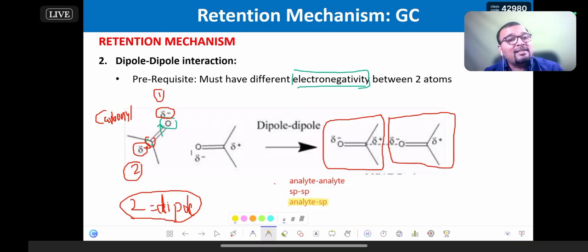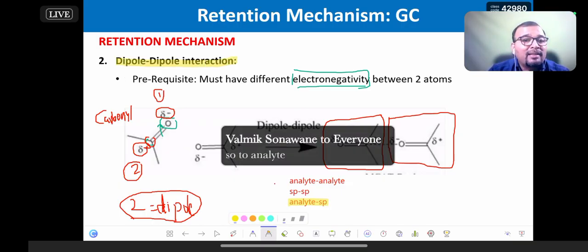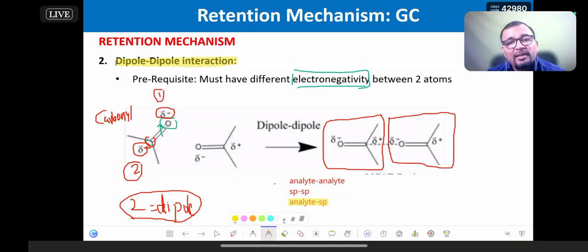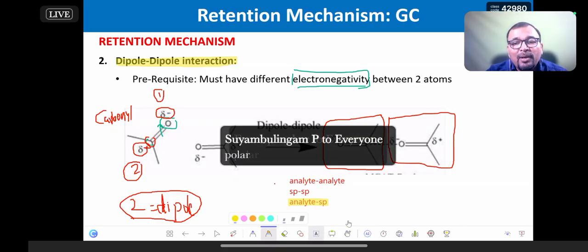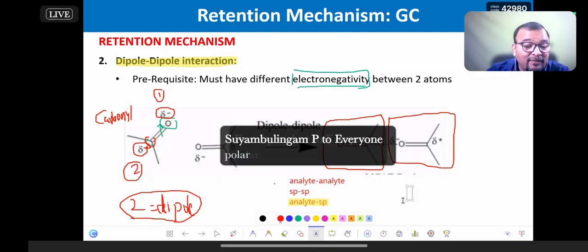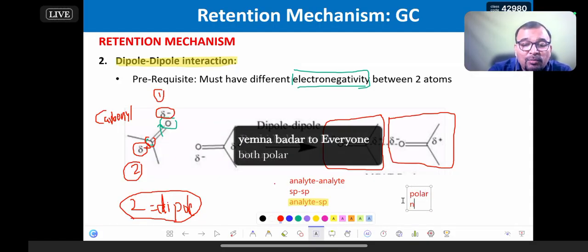So in case you want to have a dipole-dipole interaction, what should be the nature of your compound and stationary phase? What should be the nature of your compound and stationary phase if you want dipole-dipole interaction to govern the retention? Should the stationary phase and compound be polar or non-polar? Please let me know in the comment box.